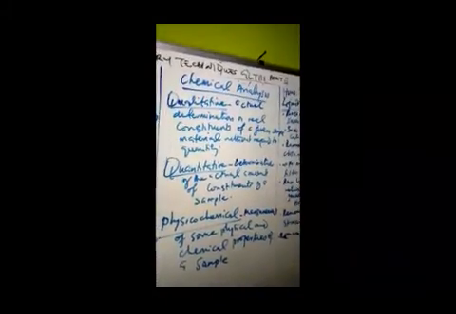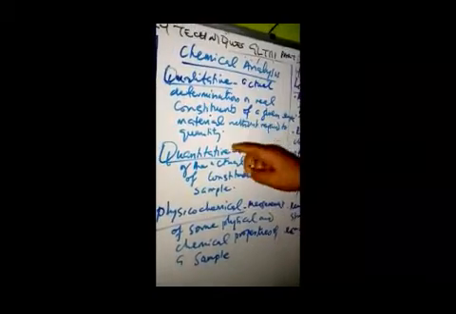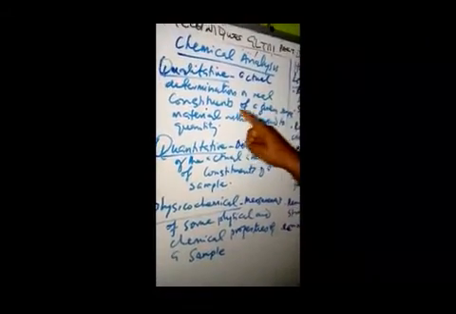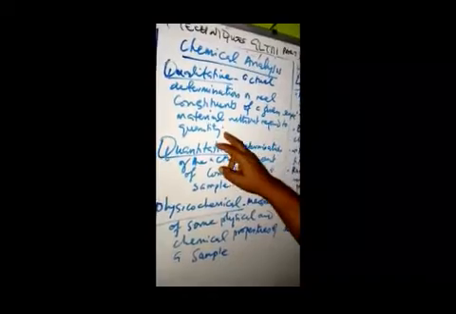We have three major types of chemical analysis. We have qualitative analysis, we have quantitative analysis, and we have physicochemical measurement analysis. Qualitative analysis is actual determination of real constituents of a given sample material without regard to quantity.